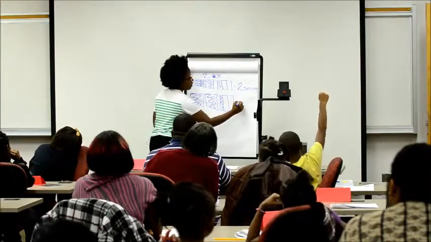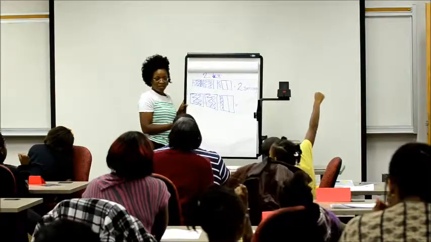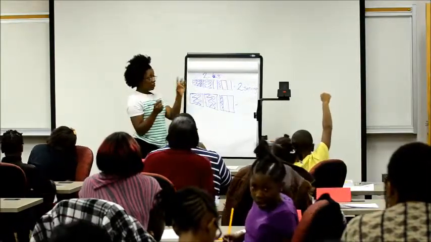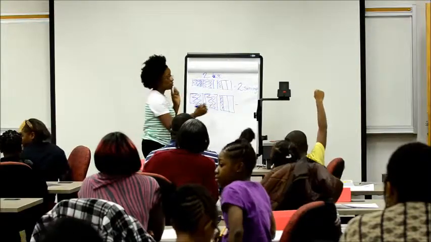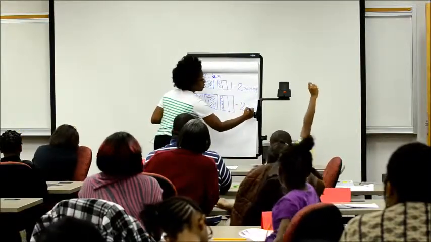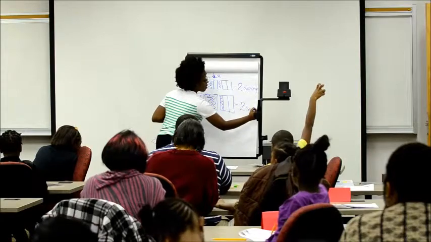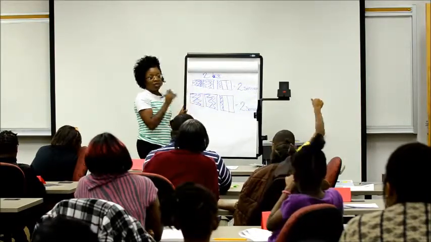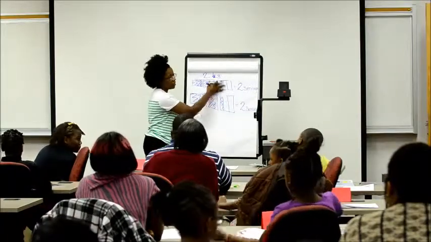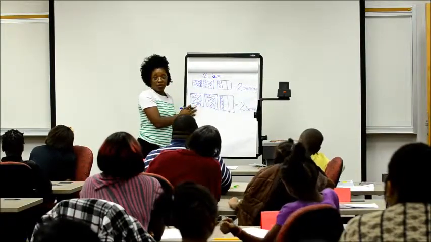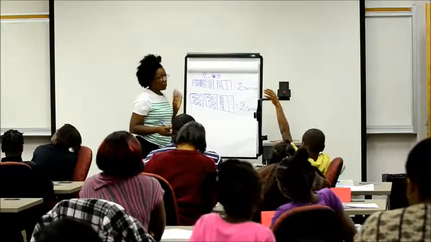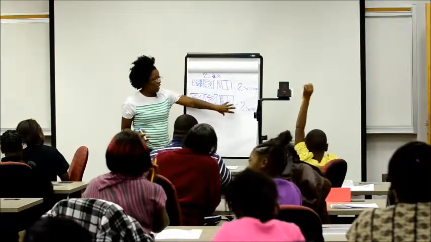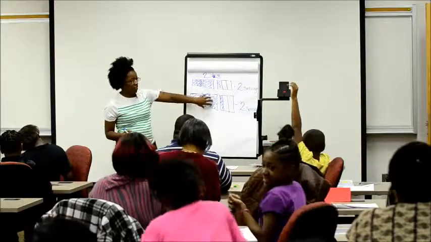We have 4 servings. You have 2, there's 2 more. So how much is this all together? It's 4 servings, but how much water all together? 4 2/3. How many more servings do we need? 1. So how can we figure out 1 serving from this?